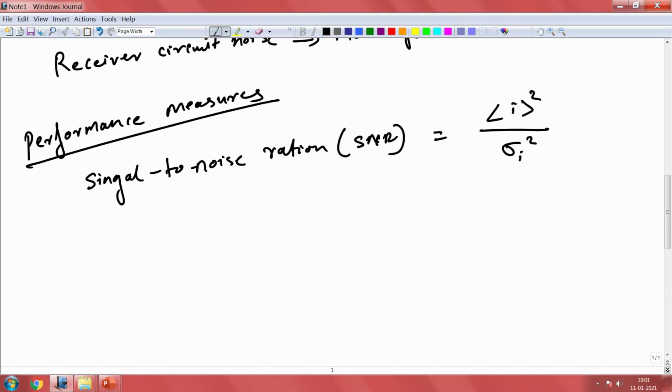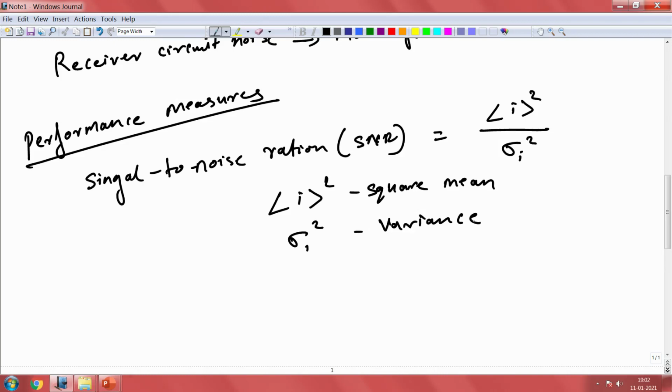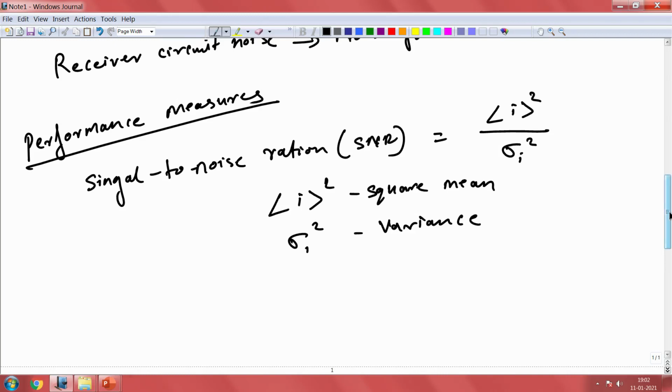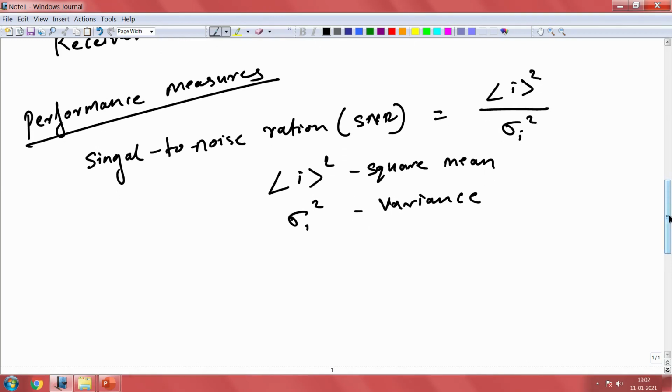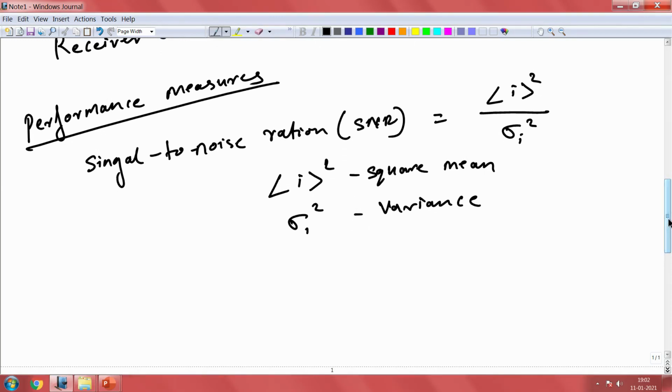So, there will be a fluctuation in the current that you create, and that average current fluctuation is the square mean to its variance. This is the square mean, and this is your variance. So, this is a very simple way of measuring your signal to noise ratio.